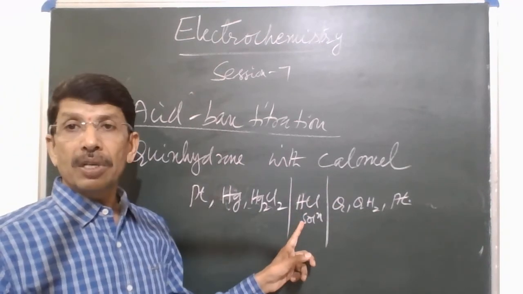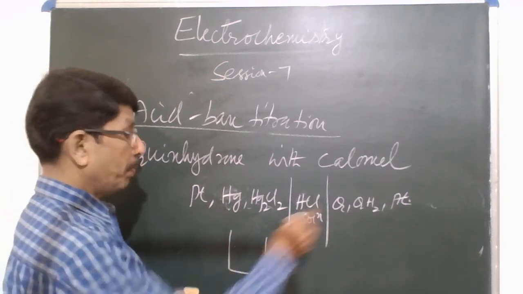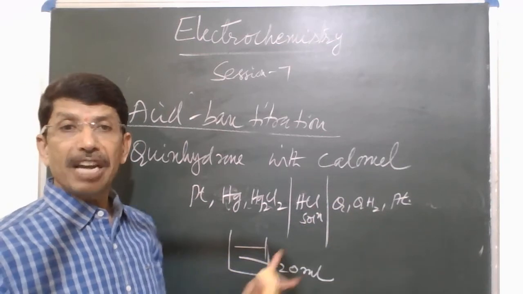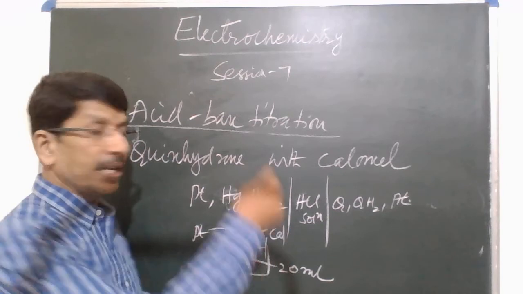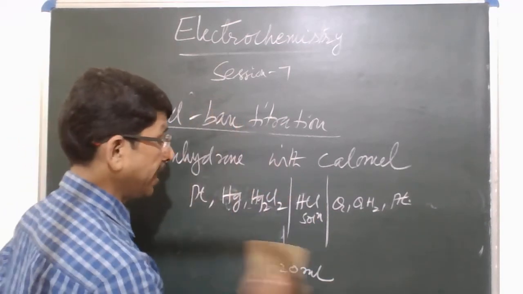About 20 ml of HCl is taken in the beaker, a pinch of quinhydrone is added, then a platinum electrode is dipped and the calomel electrode is dipped into the same solution, then they are connected to a potentiometer, right?